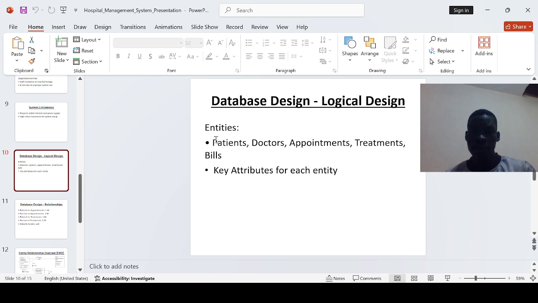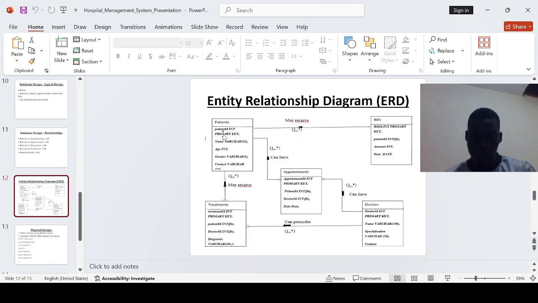The entities that we have here include patients, doctors, appointments, treatments, and bills, and the key attributes for each of these entities are found in the ERD, where for patient we have patient ID, name, age, gender, contact, where patient ID is the primary key.